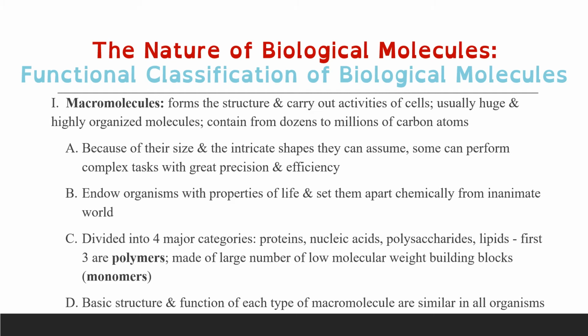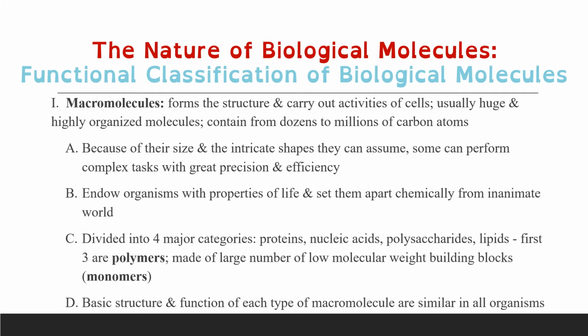This is actually divided into four major categories. First, you have the proteins, the nucleic acids, polysaccharides, and the lipids. So the first three, proteins, nucleic acids, and polysaccharides, are actually polymers. They are made of a large number of low molecular weight building blocks you call your monomers.